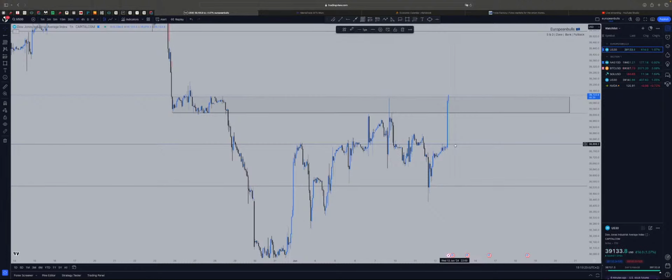If the price gets rejected from here and comes down like this, then you could plan on buying around this area only if the price structure breaks upward. For example, the price is coming down with lower low, lower high, lower low, lower high, and the price touches this area at the bottom, this imbalance.